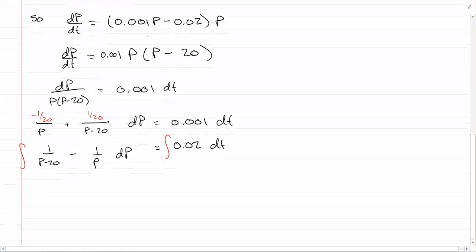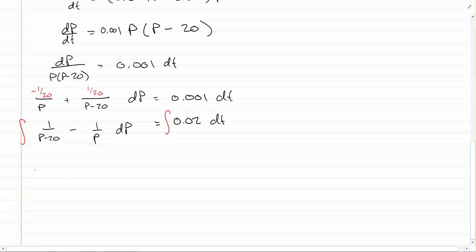This is just going to be the natural log of p minus 20, minus the natural log of p, equal to 0.02t plus a constant. If there was a coefficient in front of the p, that would lead to some kind of fraction in front of the natural log here, which you don't really want.